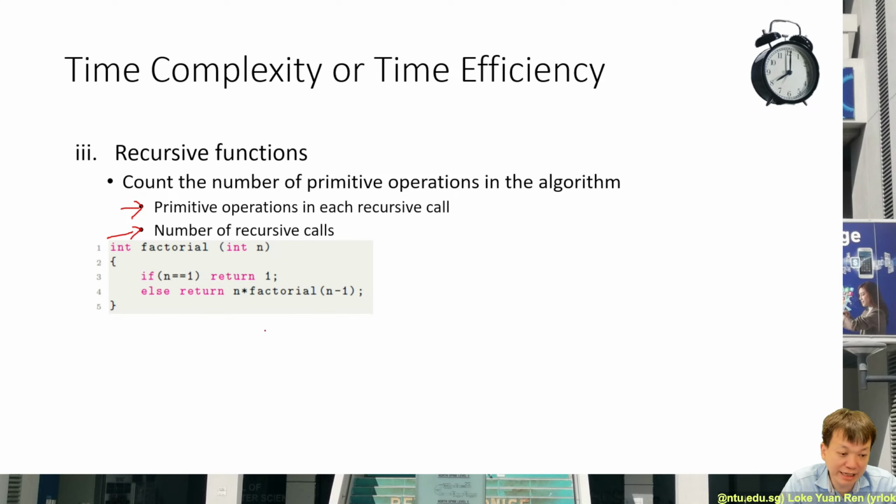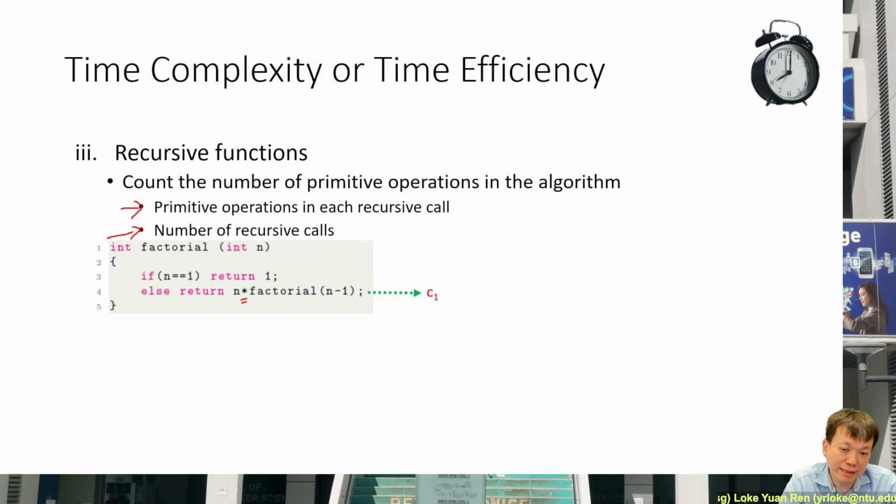So in each recursive call, you basically only do a very simple thing. You just do one multiplication, and then you do a function call that passes to the next recursive call. Let's say I only consider this multiplication. I only did one multiplication.